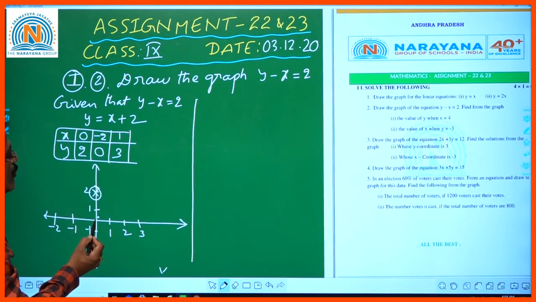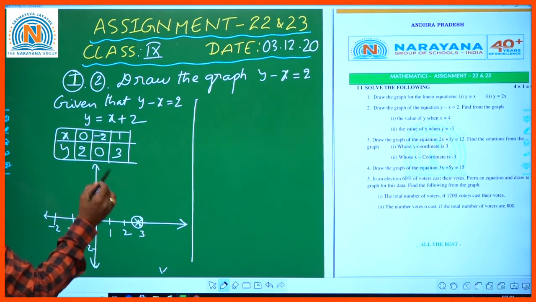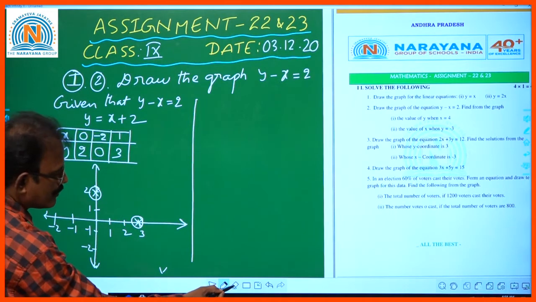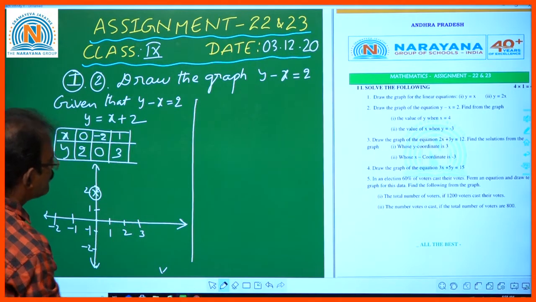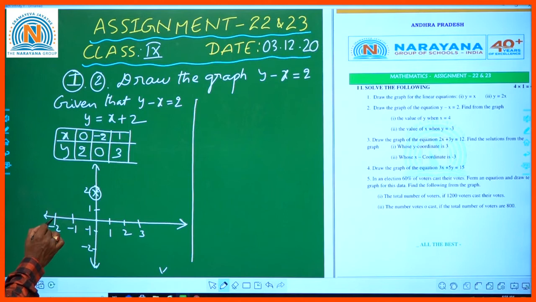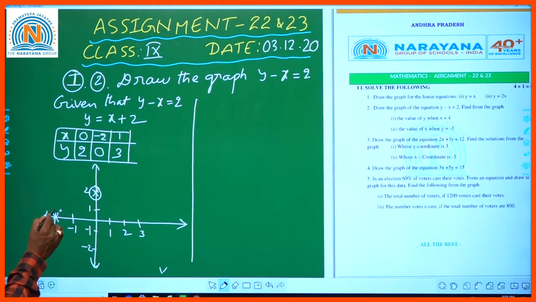When y is equal to 0, x is equal to minus 2; y value 0 means it is neither positive nor negative, so you cannot move upwards or downwards, you stay there only.